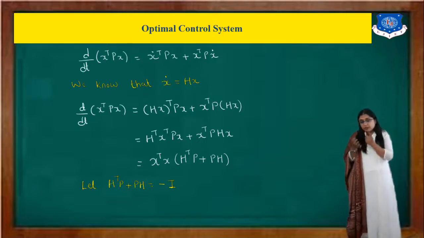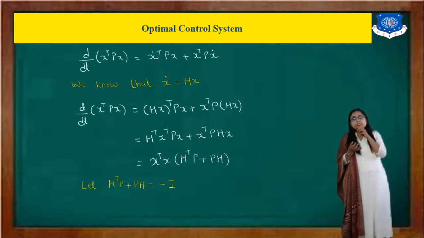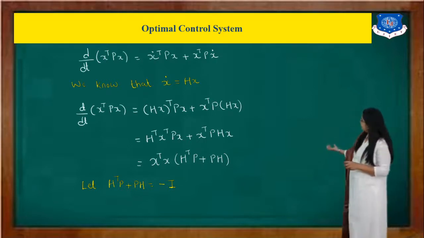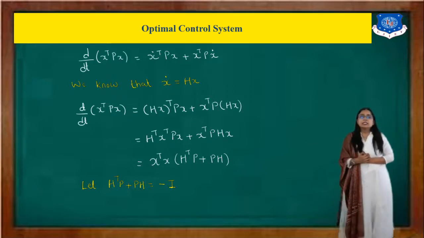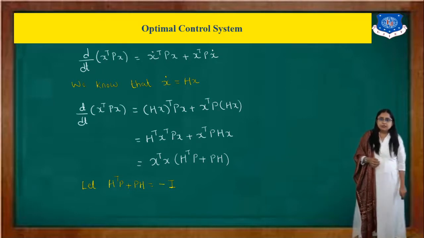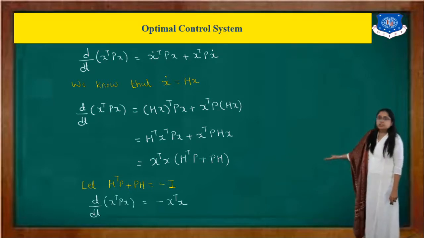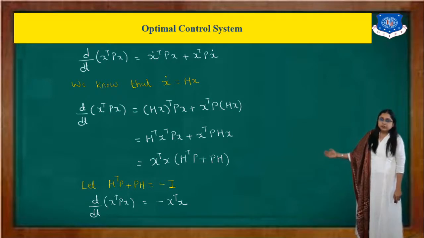So you have to choose the value of P such that H transpose P plus PH equals minus I. Alright. So if we substitute this, we will get this, which is actually what we want to prove.